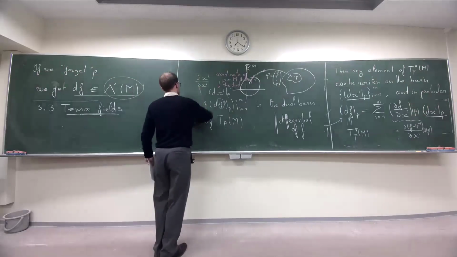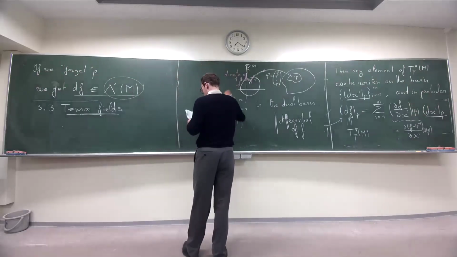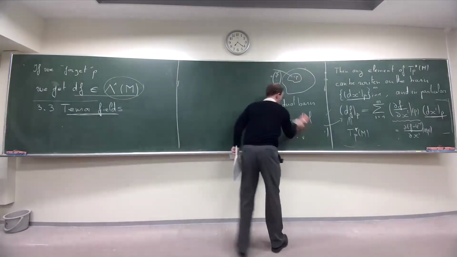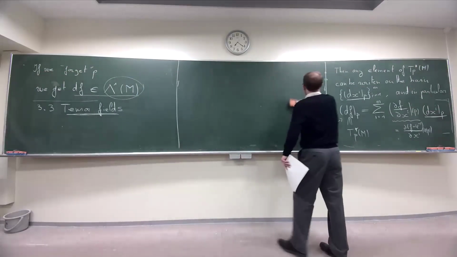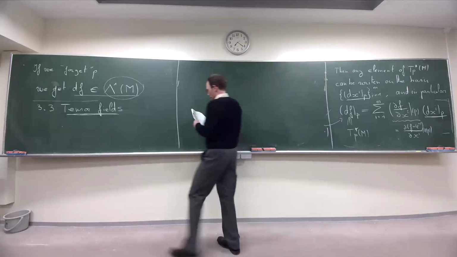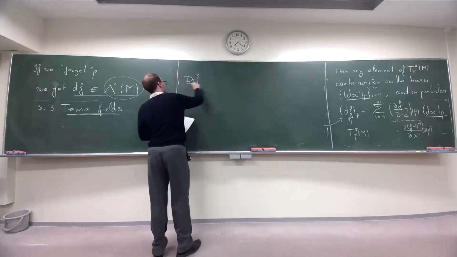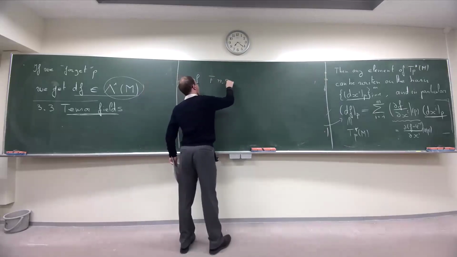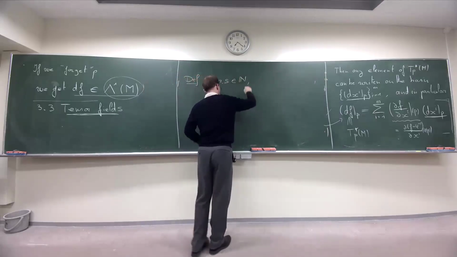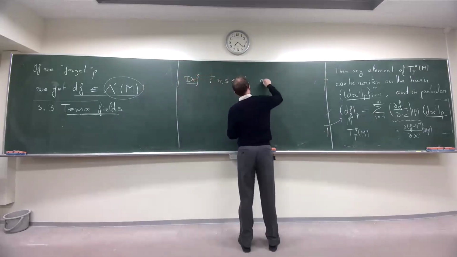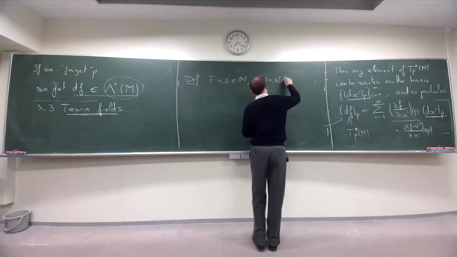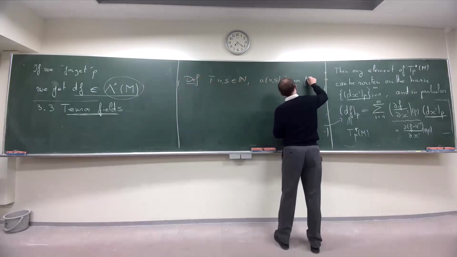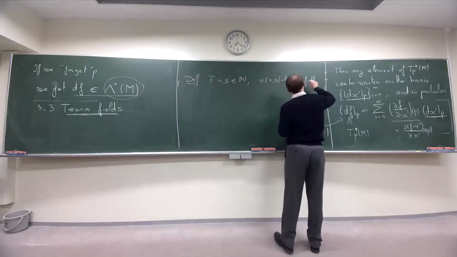Okay, so what is a tensor field? You shouldn't be surprised by this definition. For r and s two integers, a tensor field of type (r,s) is parameterized by two integers.